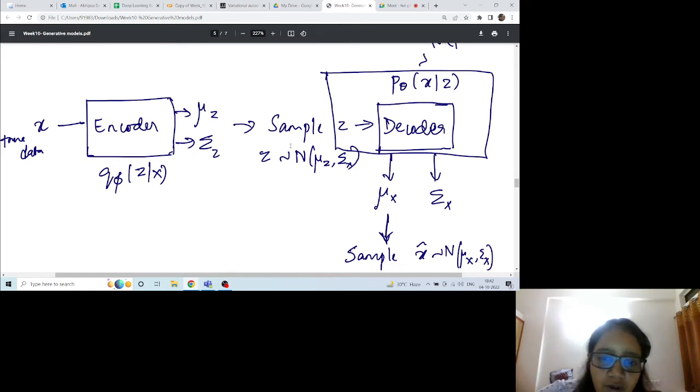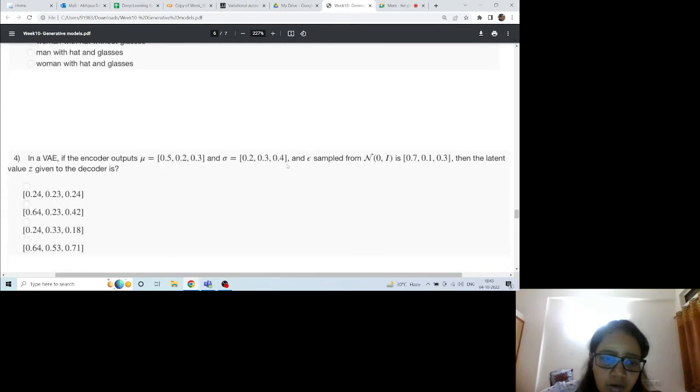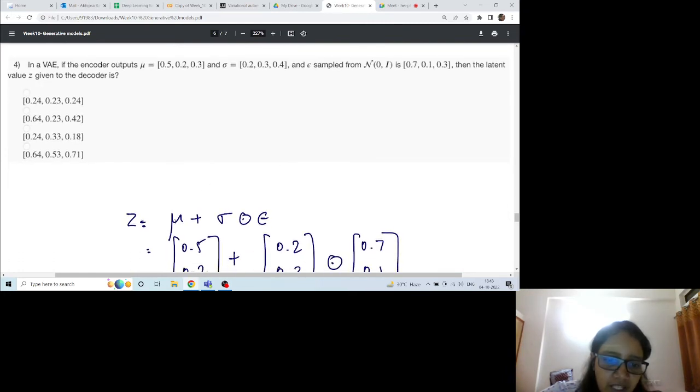So the question is, once you do something like that, you have this mu, you have this sigma, and you have that epsilon which is generated from a Gaussian with zero mean and unit variance. How do you generate this z back from that sort of information? That is what the question is about. So we all kind of have an idea about it.